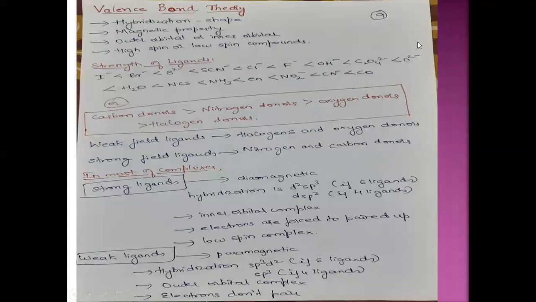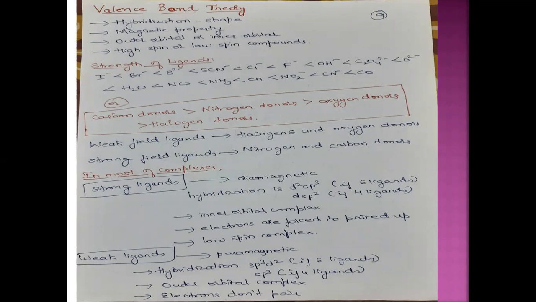It gives an idea regarding the hybridization and shape of a compound. Once you know the hybridization, you can write the exact configuration. It also gives you an idea regarding the magnetic property, whether the compound is paramagnetic or diamagnetic.